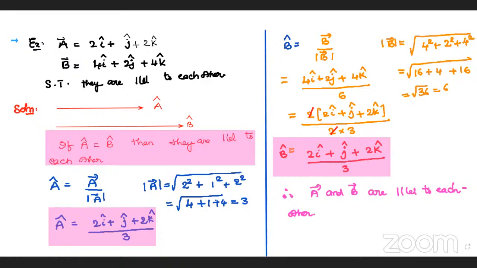Okay, shall I move to the next question? That is finding one vector in the direction of another vector. That is the second question I gave to you all as homework. Shall I move to the next slide to find that kind of model?